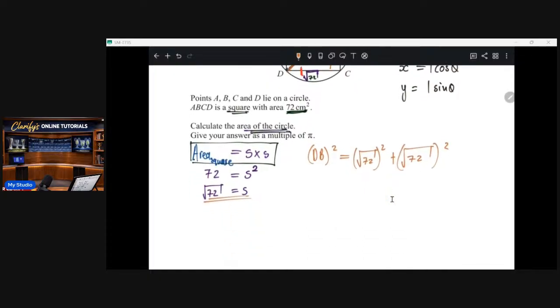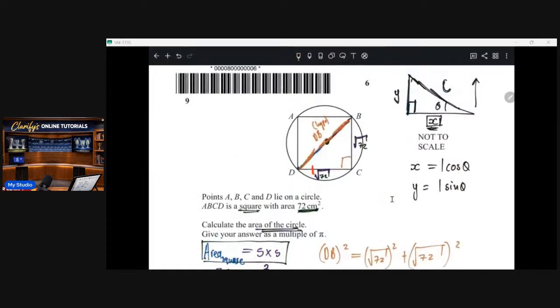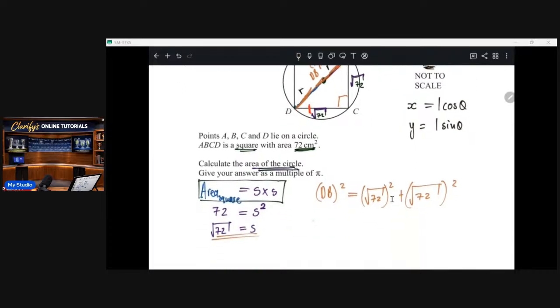Remember that the diagonal is a radius and another radius, so it's two radii. Let's keep it DB squared first. Root 72 all squared is 72, plus root 72 all squared is another 72, which gives us 144.